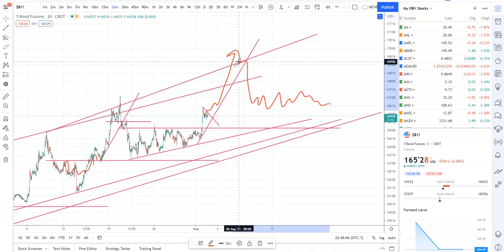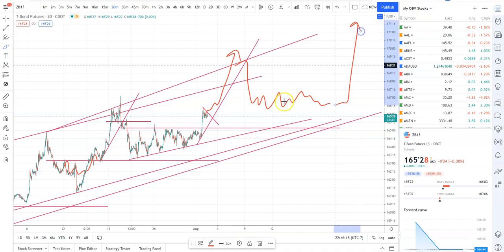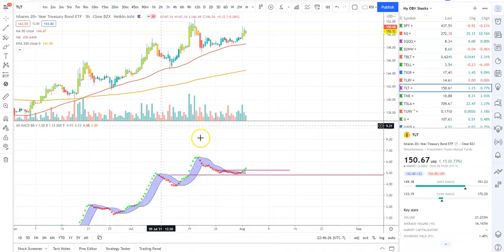Continued strength in the next couple of days, and then potentially a retrace and another consolidation in bonds to set up for our next spike to the upside, maybe sometime middle of this month, middle of August. So that's what I'm going to be looking for on TLT.